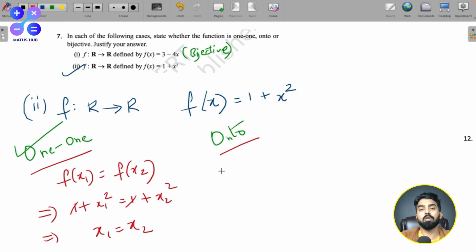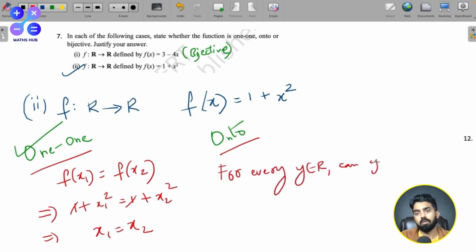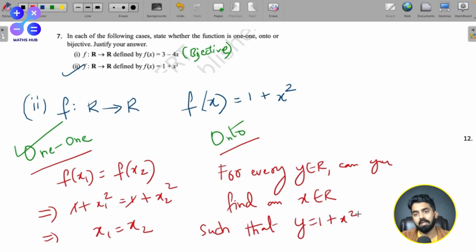Is it onto? For it to be onto, you need to prove that for every y that belongs to R, can you find an x that belongs to R such that y equals 1 plus x square? For every y, can you find an x is the question, right? Obviously.